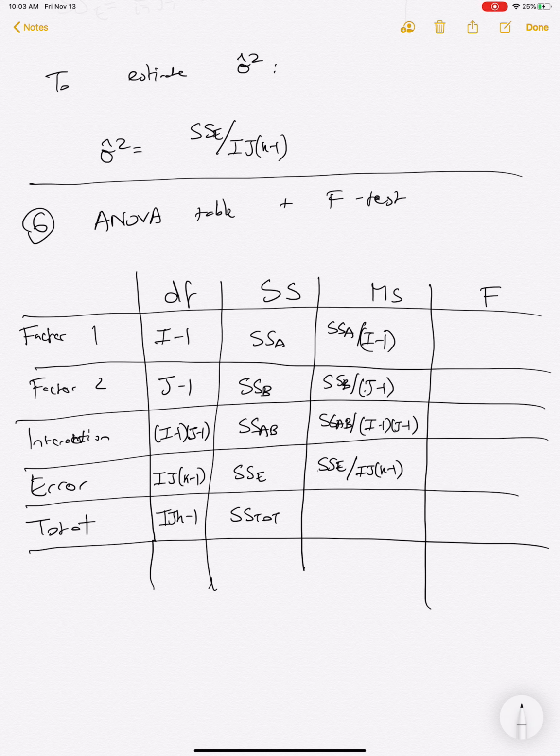Okay, and then once again, we're going to get 3 Fs because we have 3 different null hypotheses. So I'm going to call this FA, and we want to divide by the SSE.